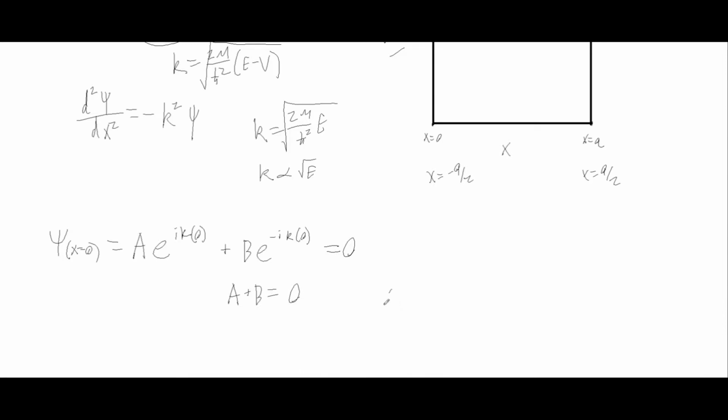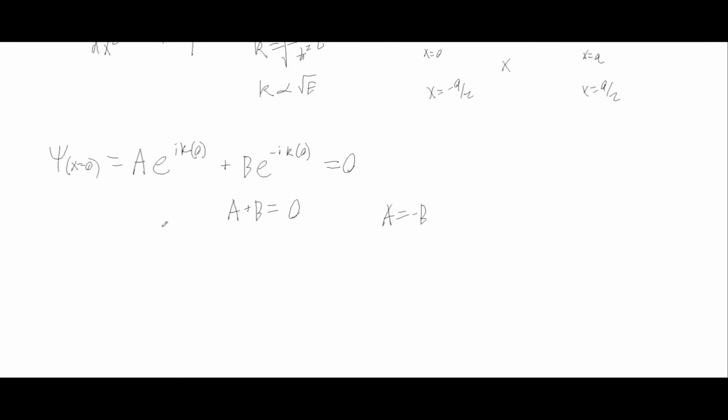And so we know that a has to equal minus b, and that will help us as we try to figure out what happens at x equals a on our infinite rectangular potential.